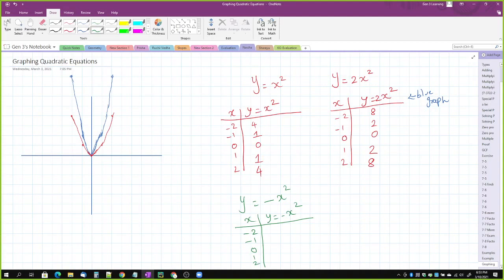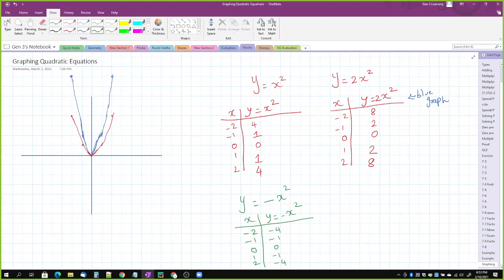It's almost the same values except we are going to negate them. So here it will be negative 4, then negative 1, and then 0. So negative 1, negative 4, right? So that's the green graph.